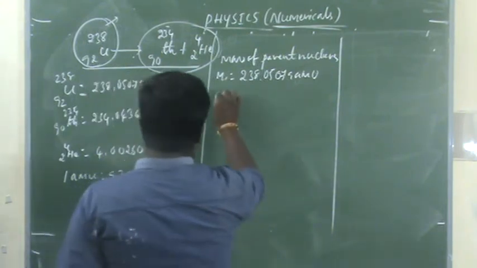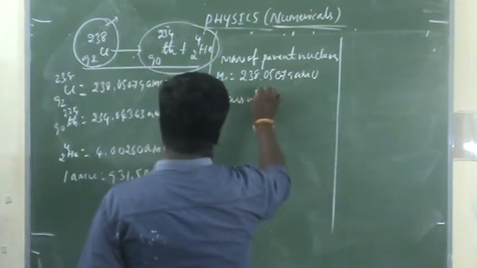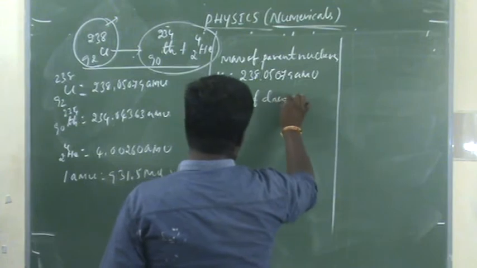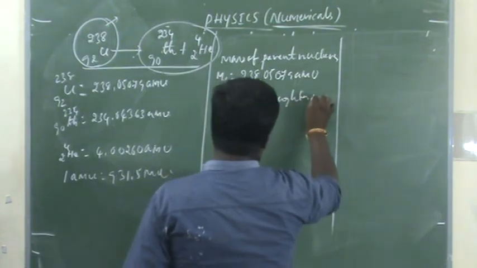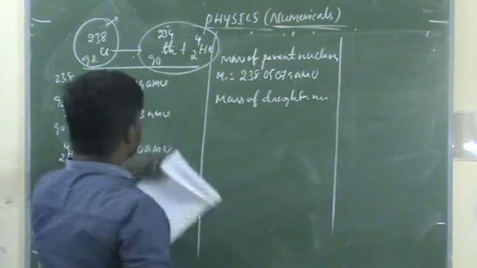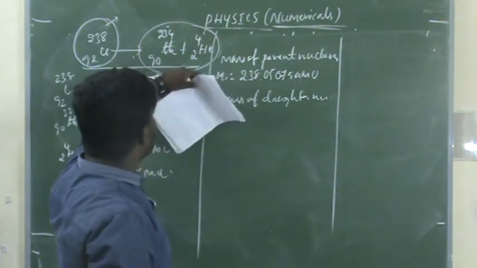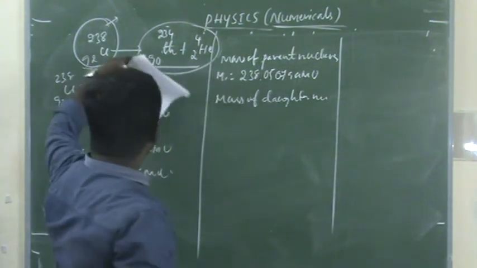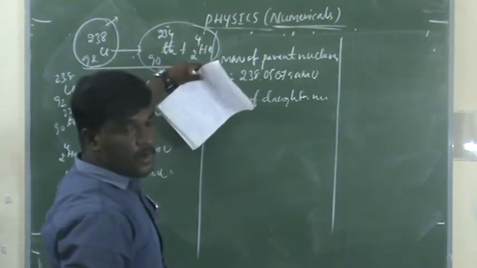And again mass of the daughter nucleus. Here, these are the reactants, these are the products.